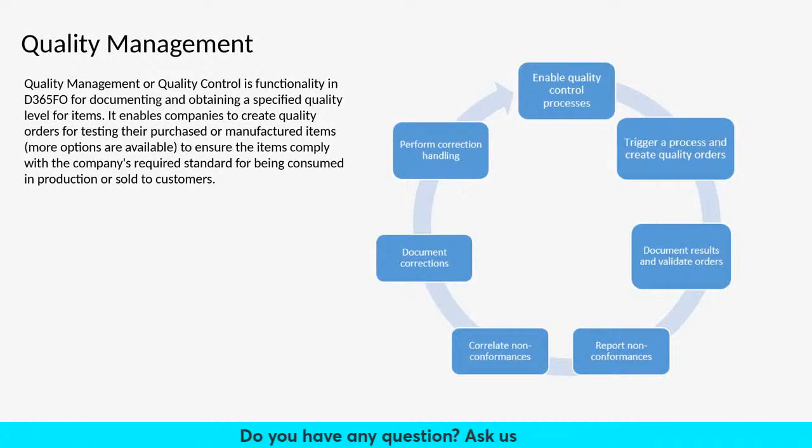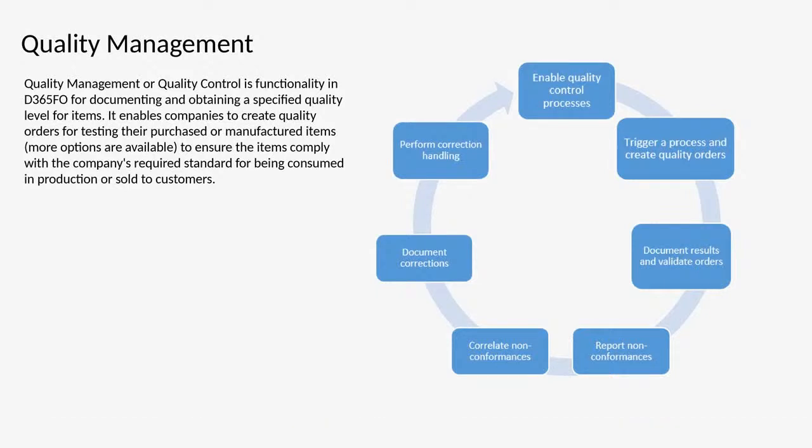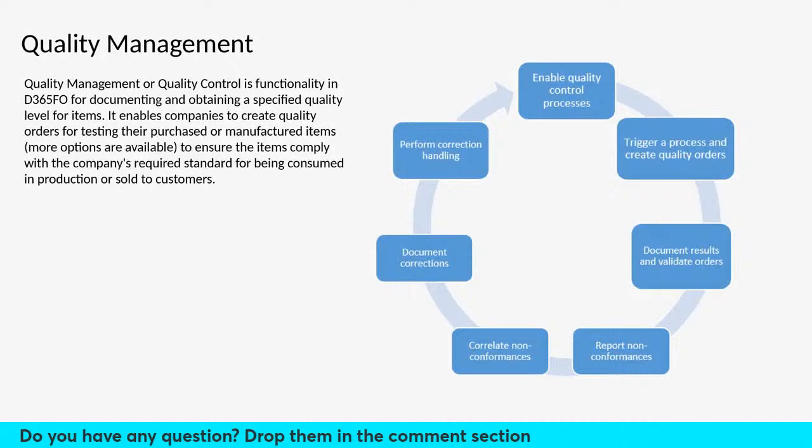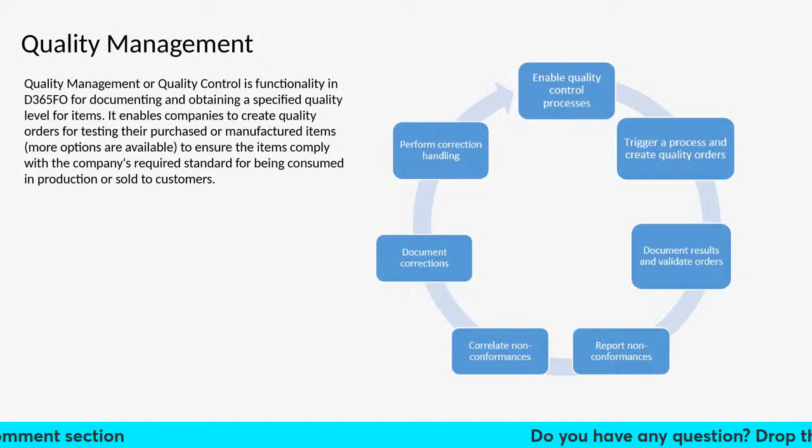Sometimes you even see quarantine orders being made, where you put these items aside so that you either sell them at a reduced cost because you don't want to lose entirely, right? Maybe because they have bad cartons, or there's a scratch, or there's a dent, and all of that. So this is all managed in quality management, part of inventory management.